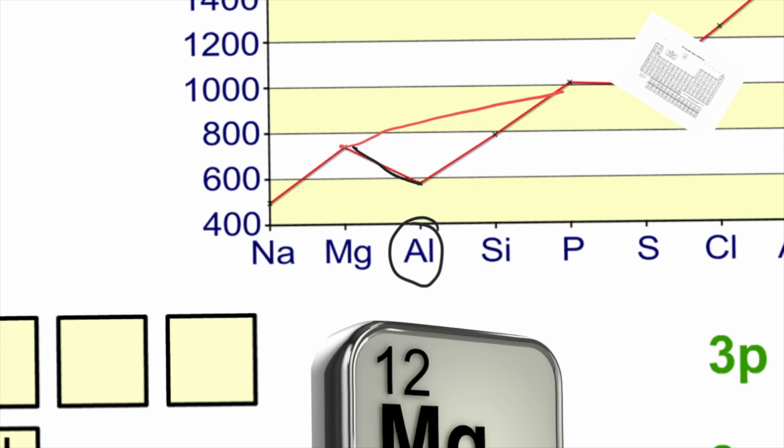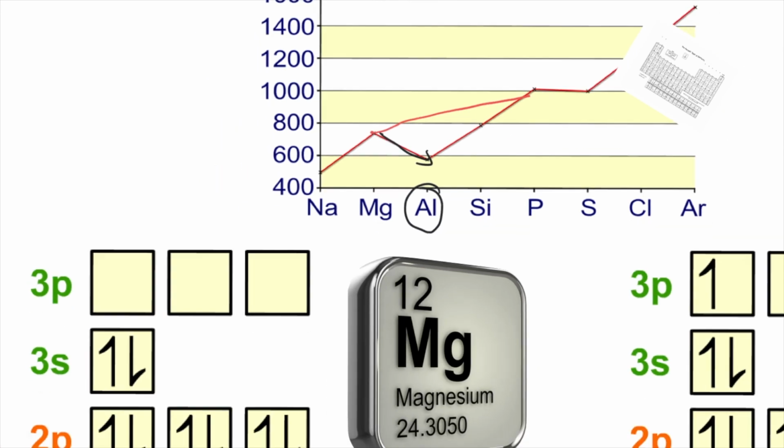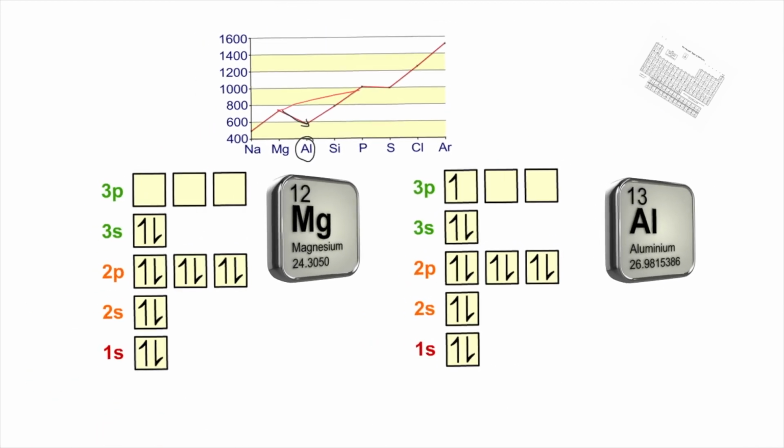If you've been asked to explain this, how are you going to explain it? You tell them the electron of aluminium is found in the 3p sublevel, and 3p is slightly further from the nucleus than 3s. So for that reason, we have this slight decrease in aluminium.